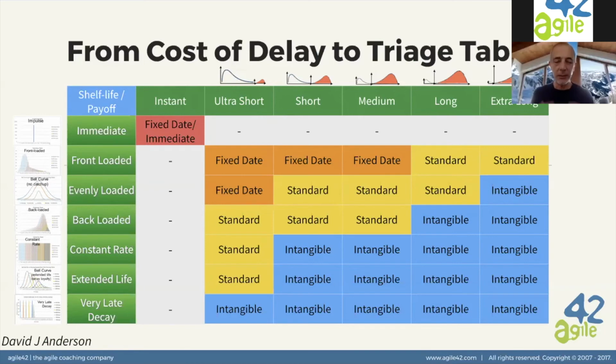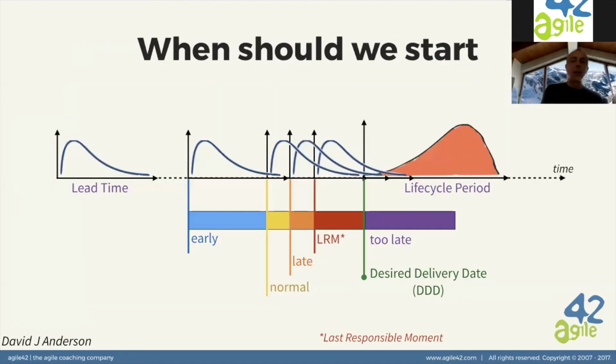So please let me state this again. Understanding which class of service to assign to each initiative or project is a key part of making portfolio management work well. And we can use this information, this curve distribution also, to try to understand when we should start something.